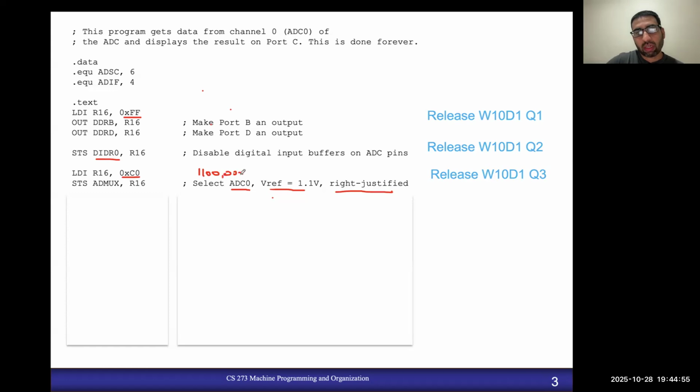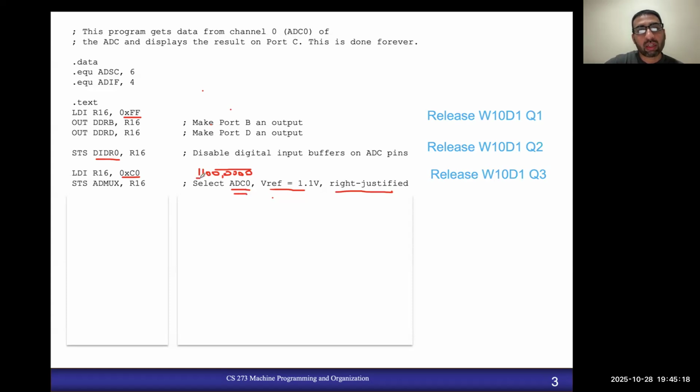If you remember ADMUX, the five least significant bits are used to select the analog input. And if you refer to that table, which we have seen in the previous lecture, if all these bits are zero, it means you are selecting ADC0 as the analog input, right?